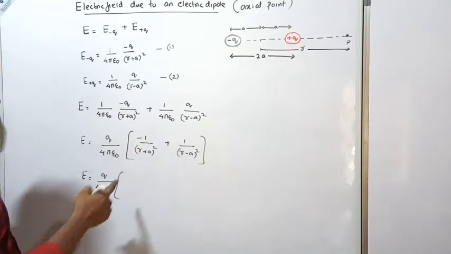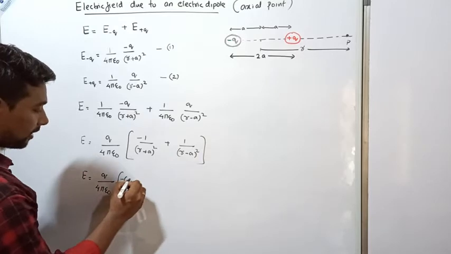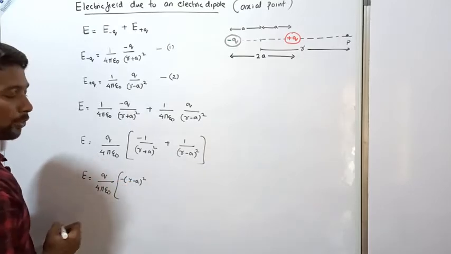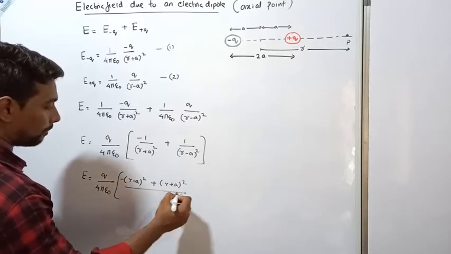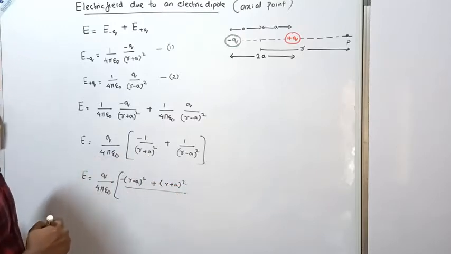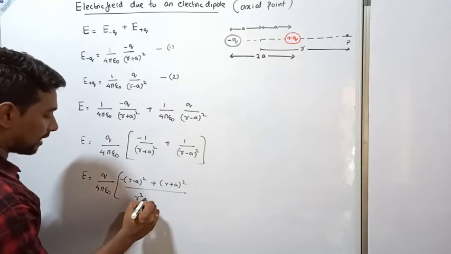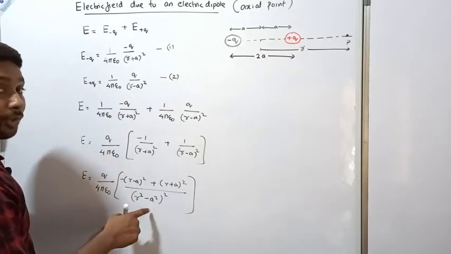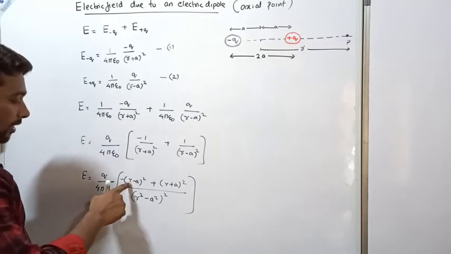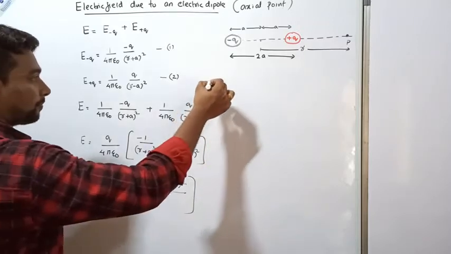Cross multiply these two terms. That means minus of (r minus a) the whole square plus (r plus a) the whole square, whole divided by the product, since (a plus b) the whole square and (a minus b) the whole square, you can write as (r square minus a square) the whole square. You have to expand this one also.